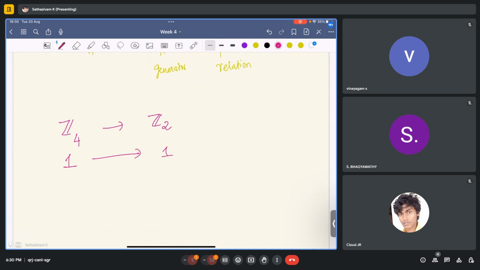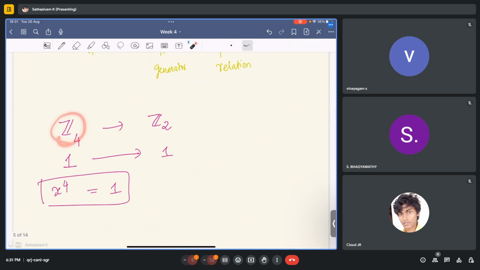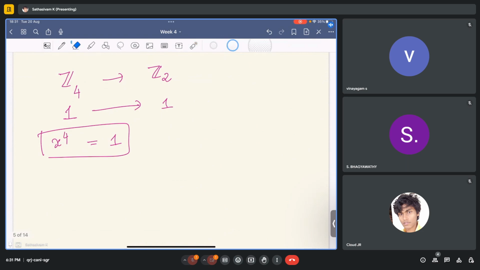Let's say we map it to 1. And what is the relation here? The relation in Z4 is x to the power 4 is equal to 1, or basically 4 equals 0. I just have to see that this relation is satisfied.